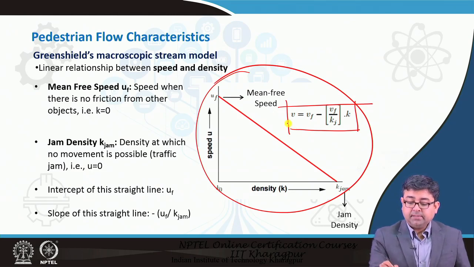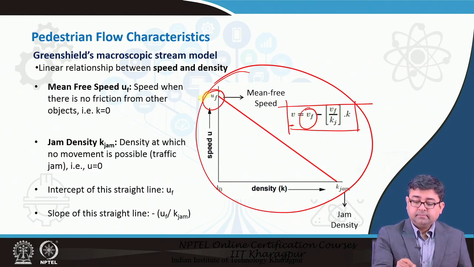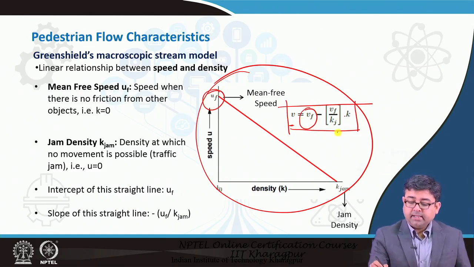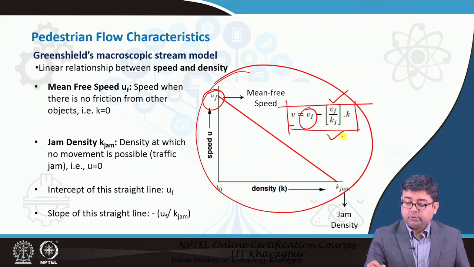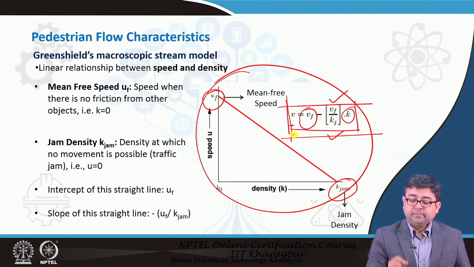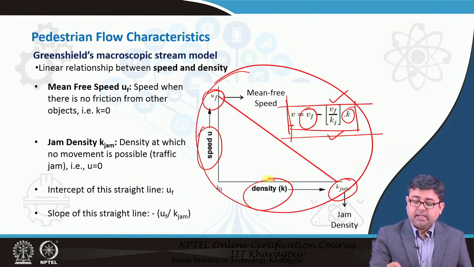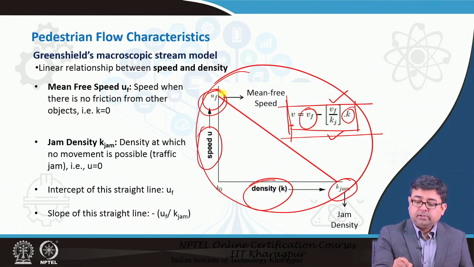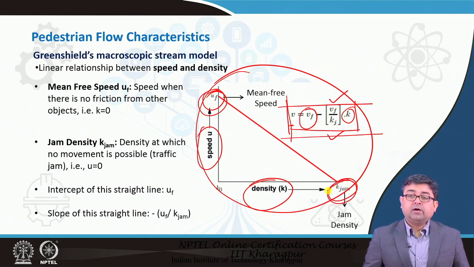So, speed at any point will be equal to the free flow speed minus the ratio of the free flow speed to jam density times the density at that point in time. Okay. So, this is the relationship between speed and density in terms of the two values of free flow speed and jam density.